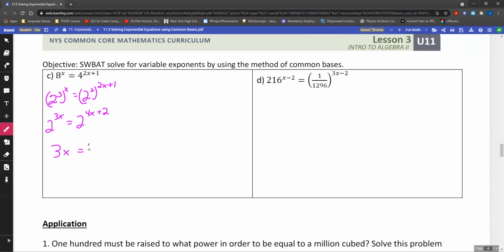Setting the exponents equal to each other. Divide both sides by -1. And I get x equals -2.